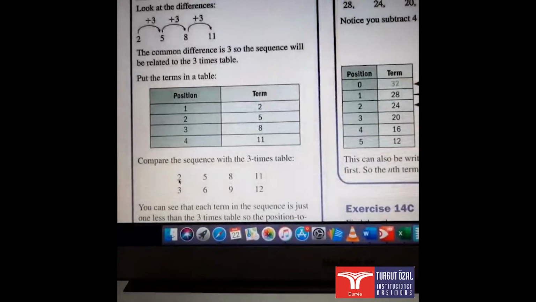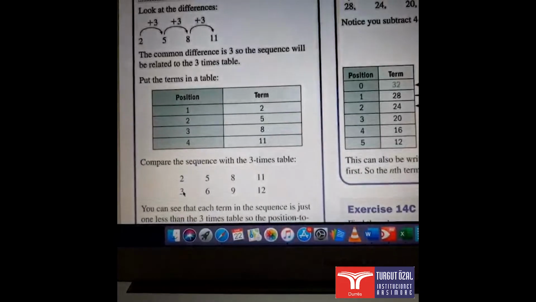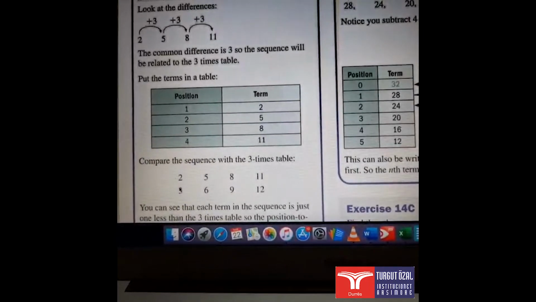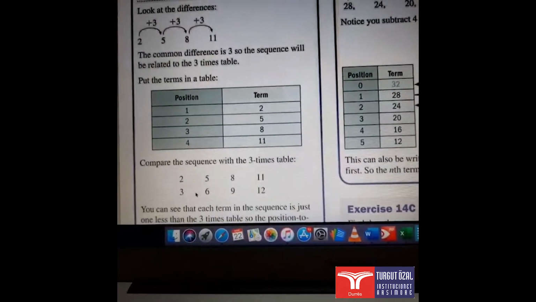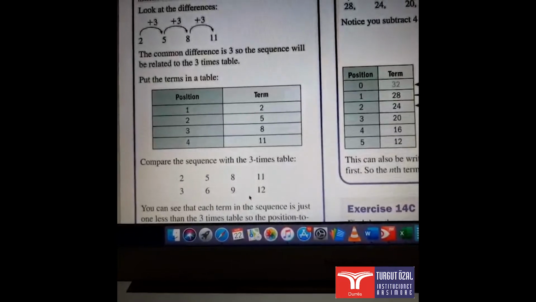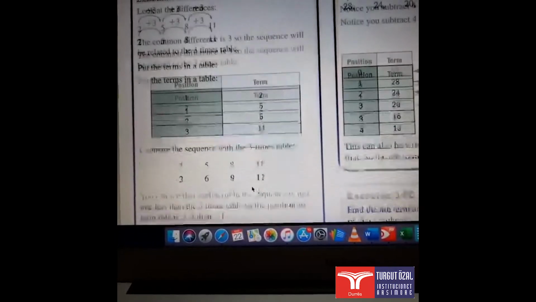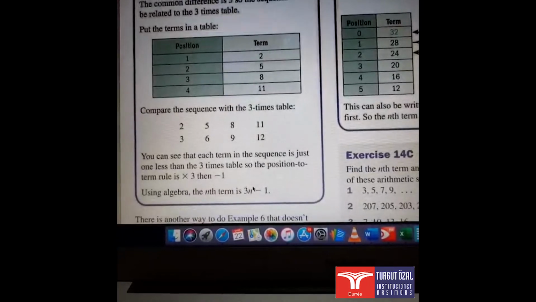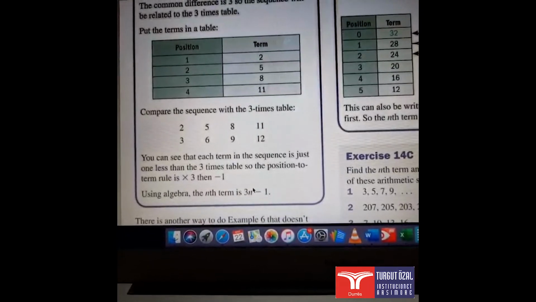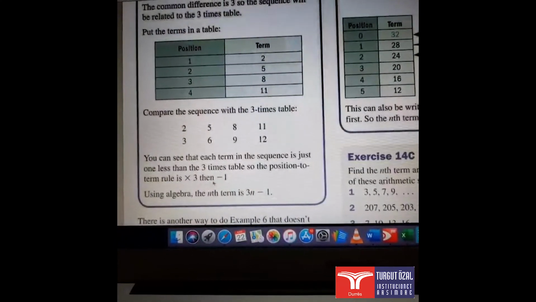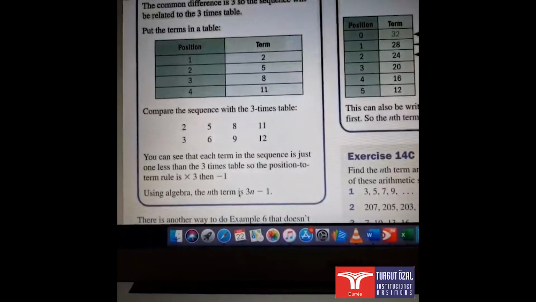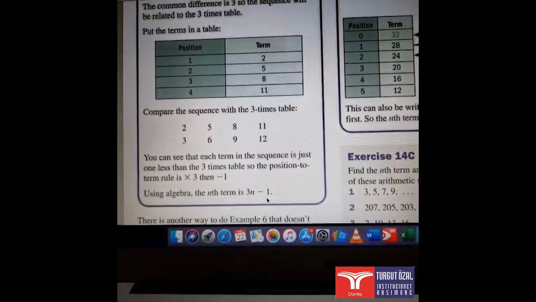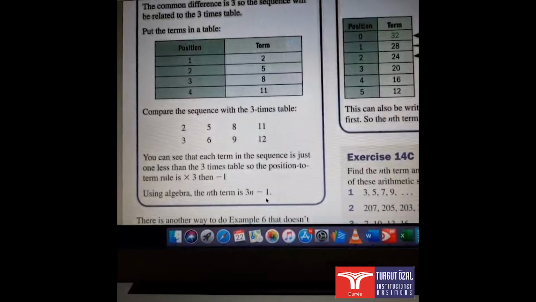If we compare that with the terms, we'll see that the difference between each multiple of 3 and the term is -1. So we can write that the rule for this sequence is multiply by 3 and then subtract 1. So the nth term will be 3n minus 1.